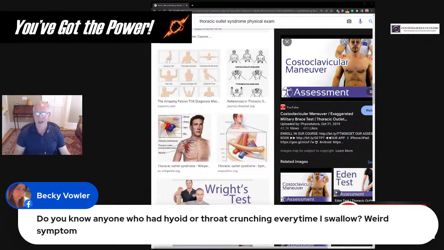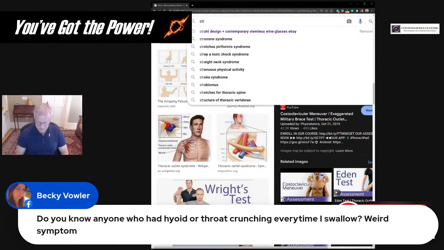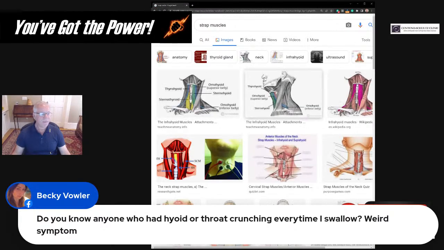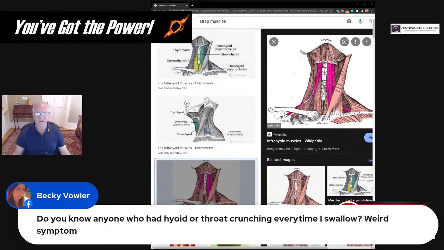Becky, do you know anyone who had high odor throat crunching every time I swallow? Yeah, I mean, it's not uncommon to see patients with anterior injuries. So trauma to the anterior longitudinal ligament, spasm of the longus coli or capitis, or other impacts of the stylohyoid or the strap muscles. So if we look at strap muscles, the strap muscles are all of these muscles in the front.